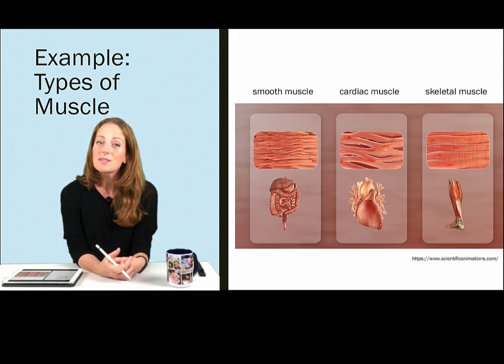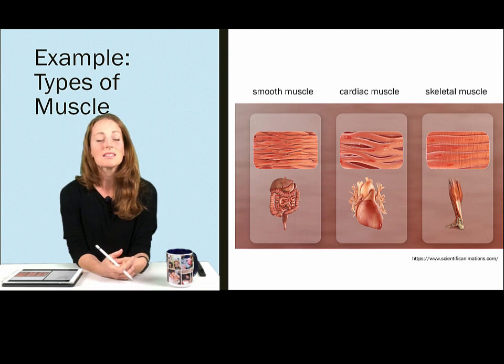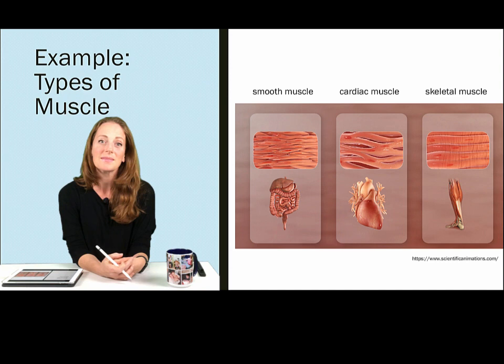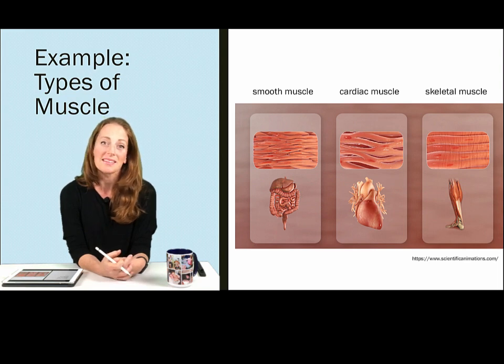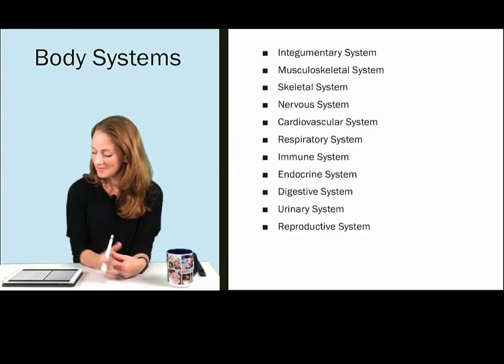And groups of smooth muscle come together to create the smooth muscle layers within the digestive and other organs. When we put this all together, it's very helpful to study both the biochemical, the cellular, and the tissue level functions to help us understand the organs and organ systems.